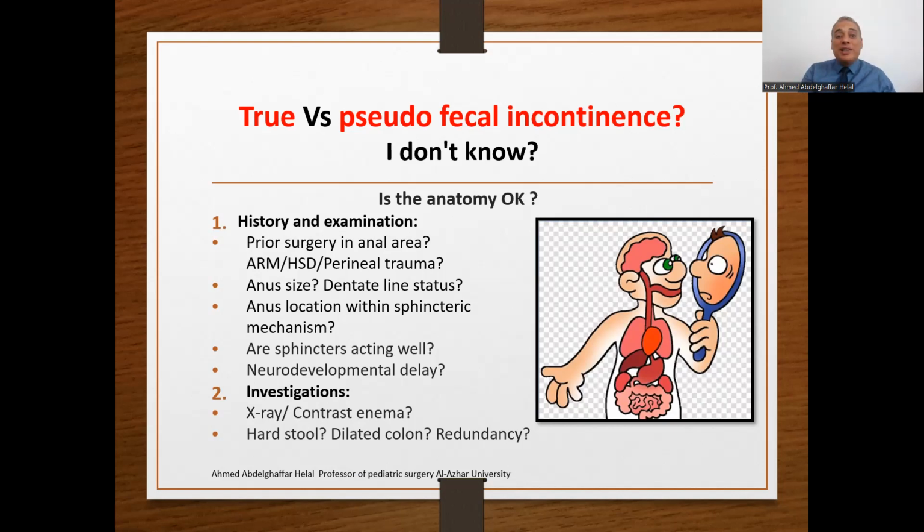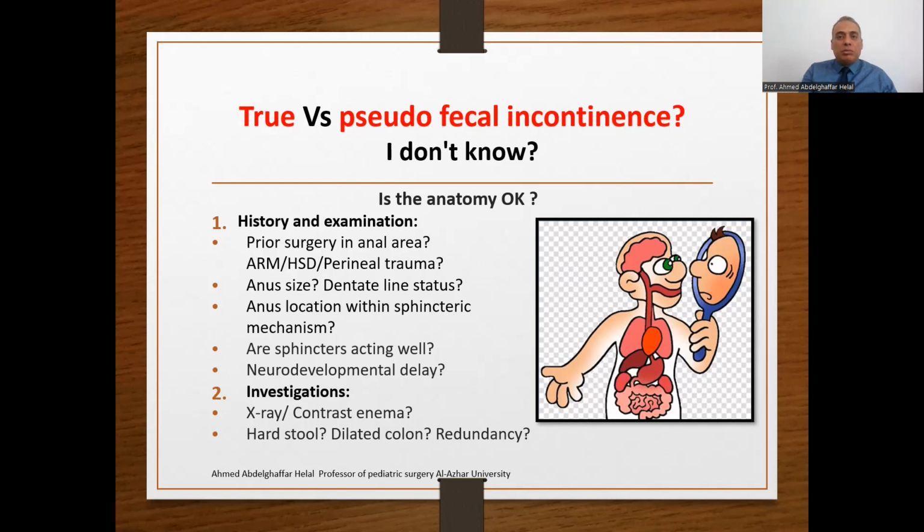So from the history and examination, you must ask about prior surgery in the anal area. Yes. Anorectal malformation in the child or not? Is this of the good type or the poor type? Developed sacrum, hypodeveloped sacrum. Good muscles, poor muscles, and flat perineum.